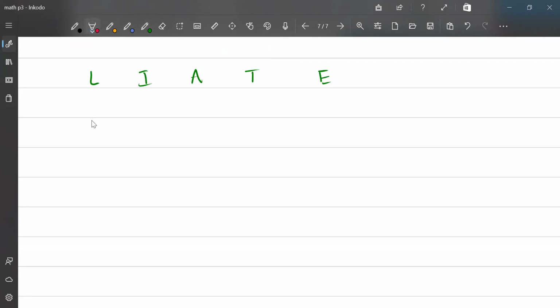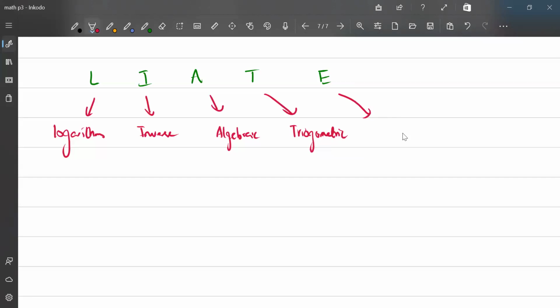LIATE. L is for logarithms. I is for inverse. A is for algebraic. T is for trigonometric functions, and E is exponential.